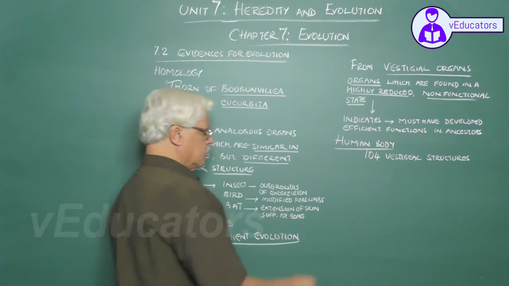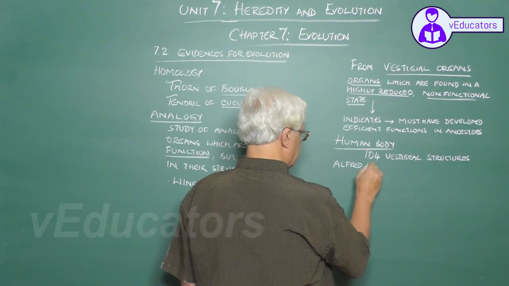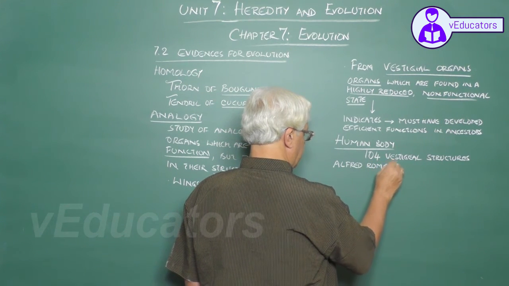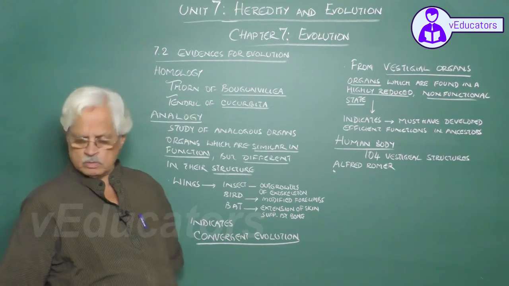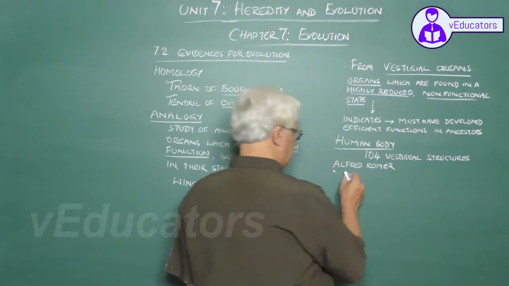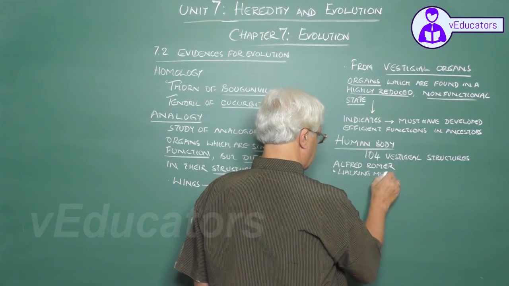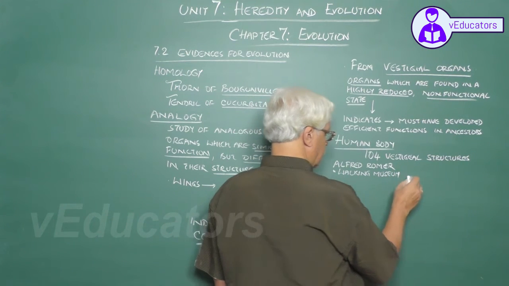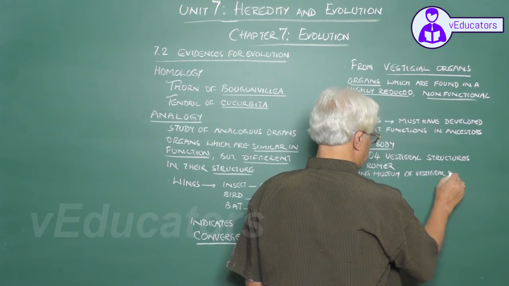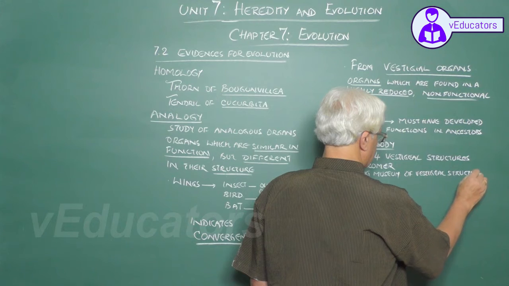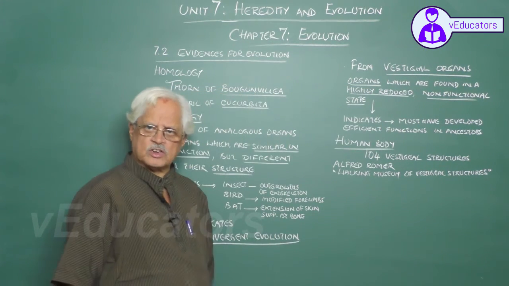In fact, a famous biologist by name Alfred Romer describes the human body as a walking museum of vestigial structures.